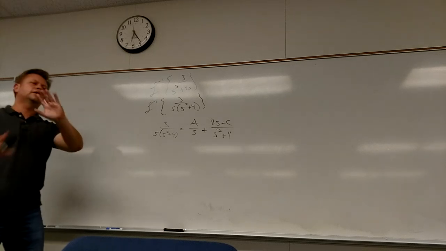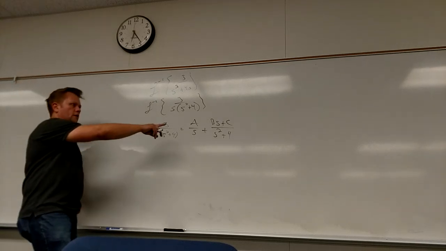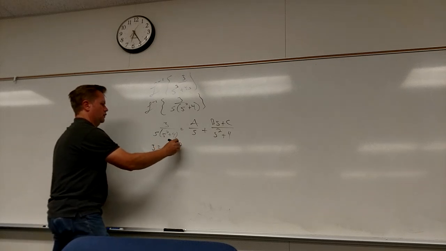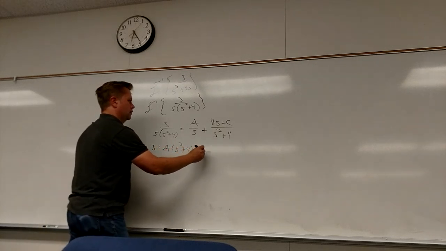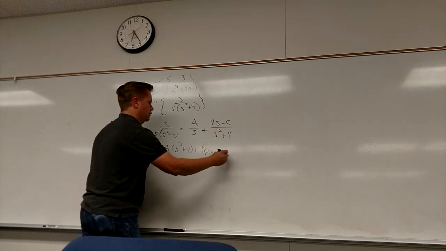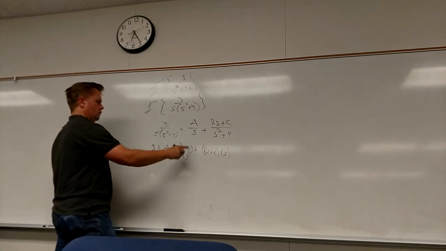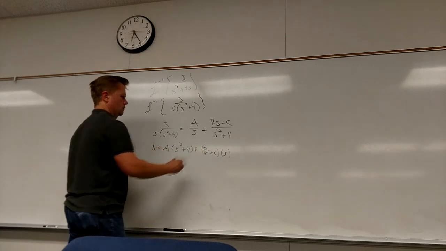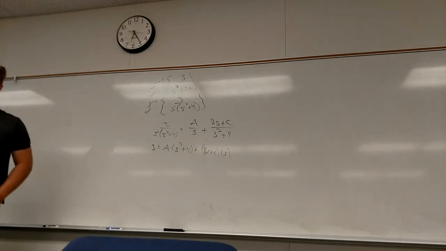And now, of course, 3 equals a times the stuff it doesn't have, plus bs plus c times the thing it doesn't have. You guys keep going with that.